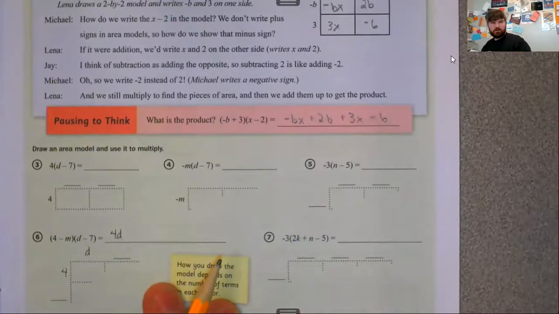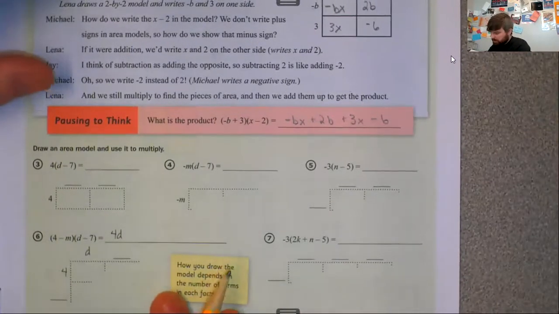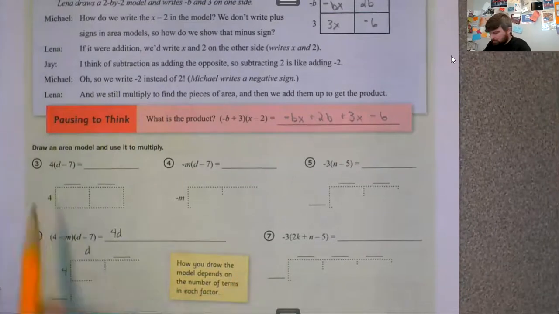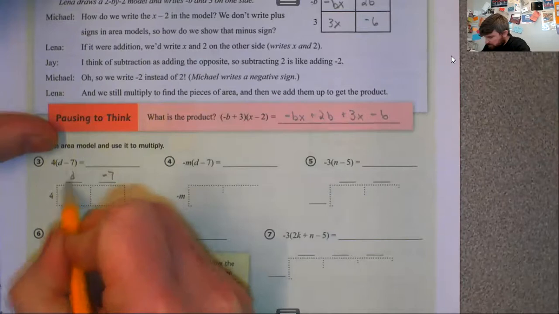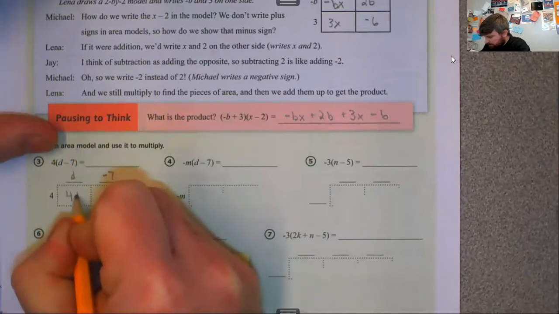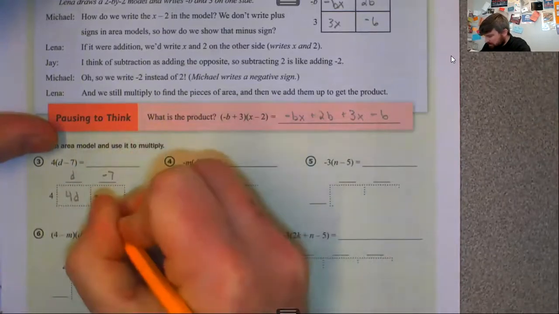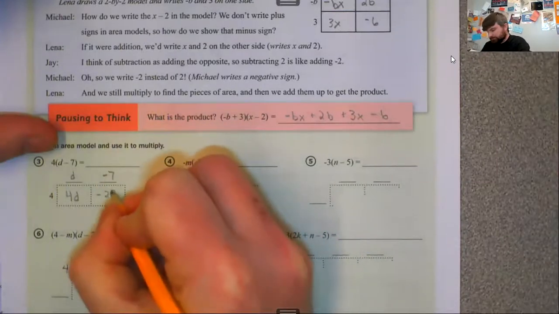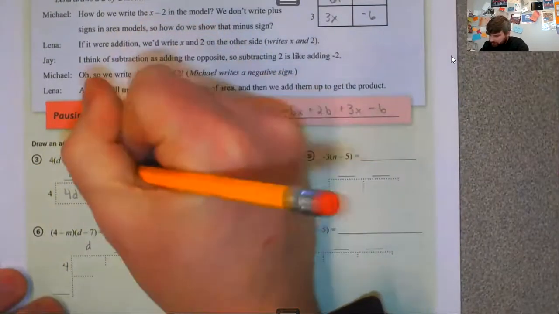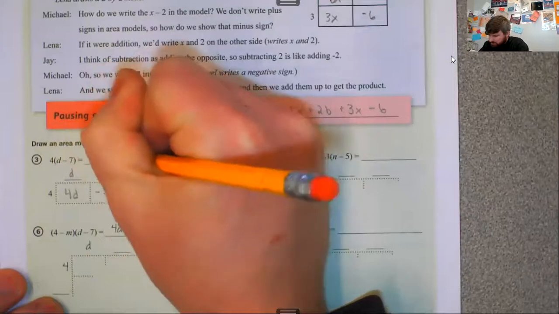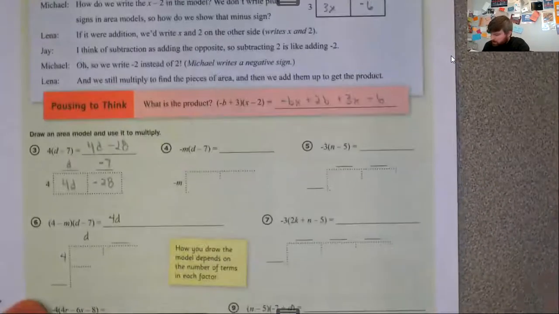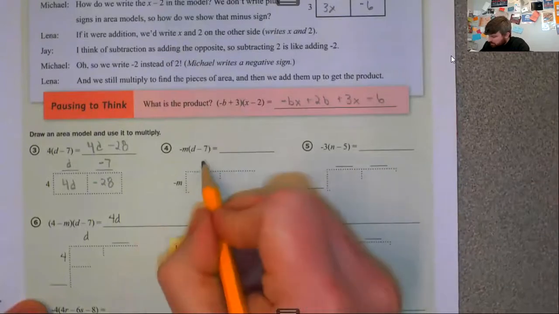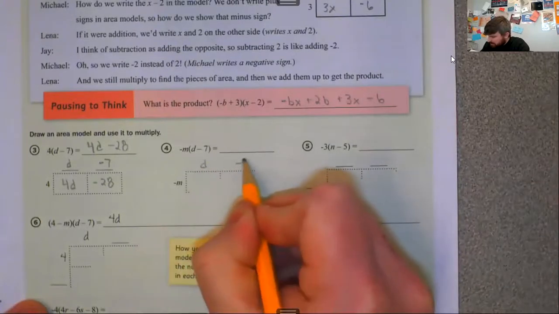Draw an area model and use it to multiply. Okay, so we got 4d and -7. So 4 times d is 4d, and 4 times -7 is -28. So here you have 4d minus 28. Okay, they put our negative m here. Here we have d minus 7 again.